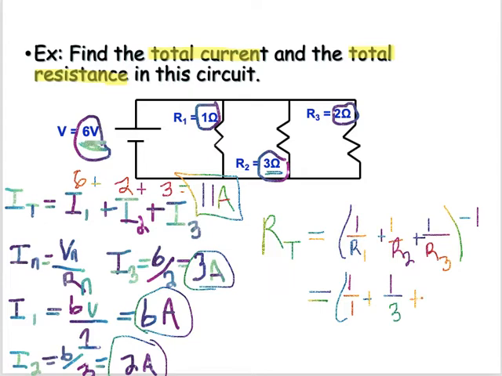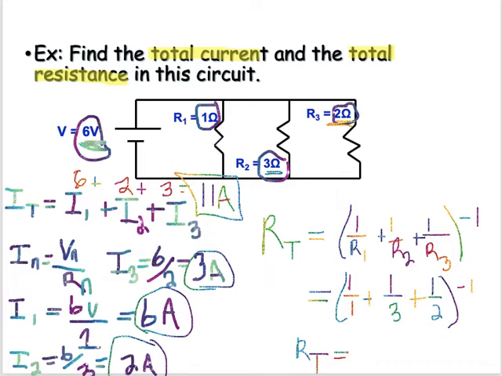And then resistor 3 was 2 ohms of resistance. So that's going to be 1 over 2. And in my parentheses, I'm going to take all that to the -1. Let's see what our total resistance is here on the calculator.